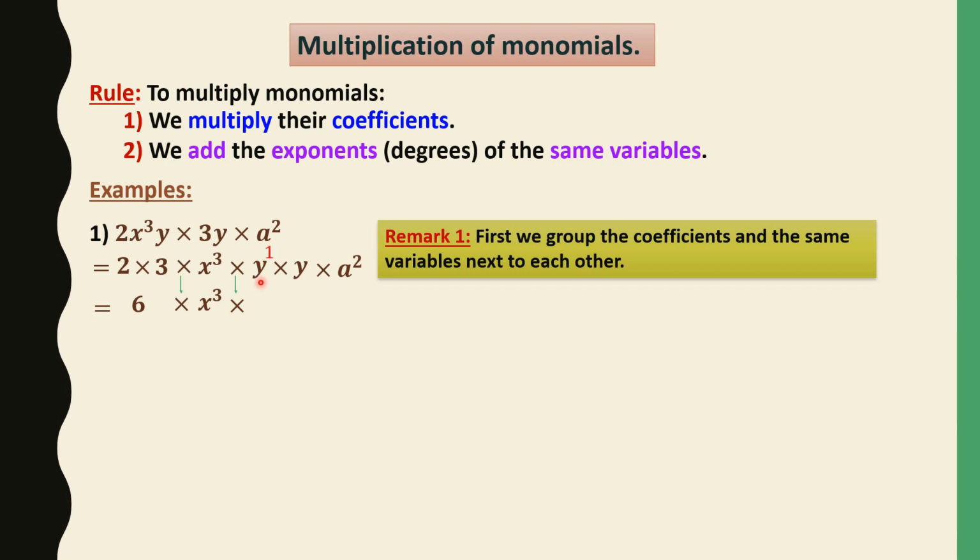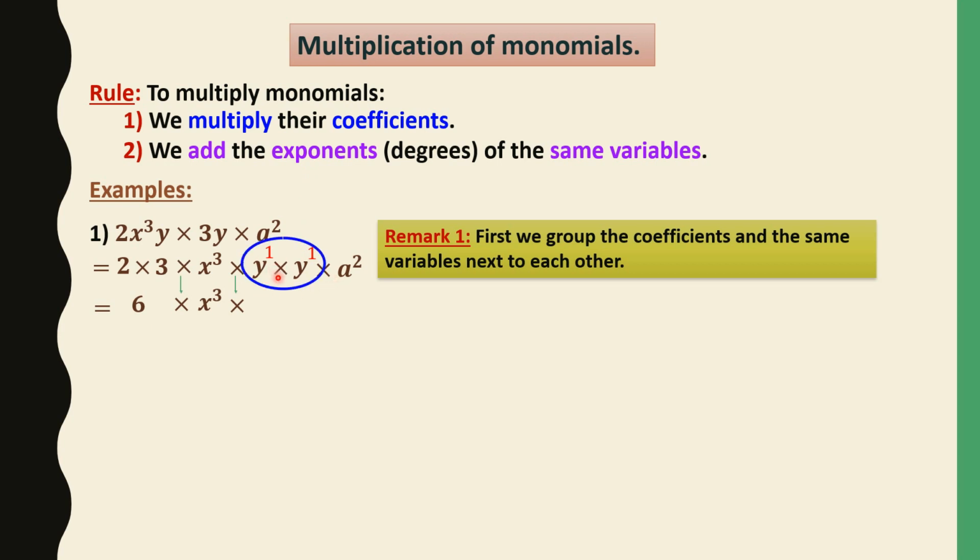Now we need to multiply y times y. Y is in fact has as exponent 1. Also this y has as exponent 1. Here we have two powers with same base y, and when we multiply two powers with same base, we add their exponents.